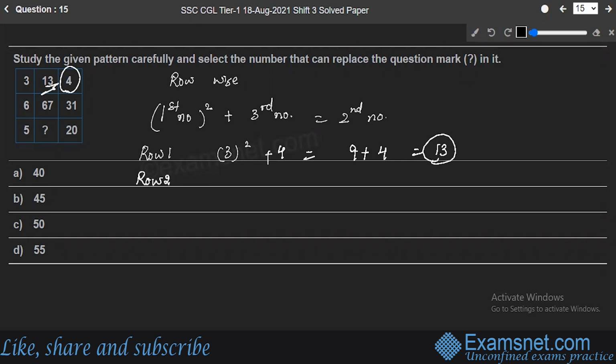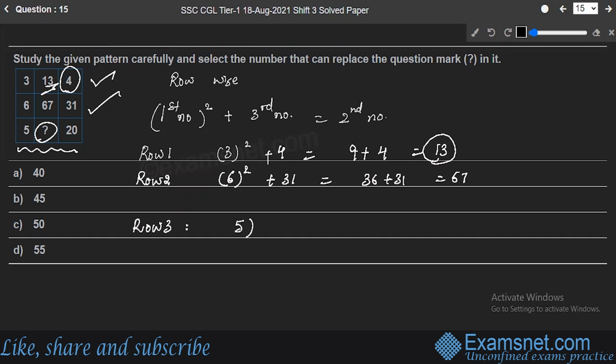For row 2, first number is 6, so 6 square, and third number is 31. So this is 36 plus 31, which is equal to 67. So this logic fits in the first two rows. Now you have to check for the third row to see what will come at the place of question mark. Okay, row 3.